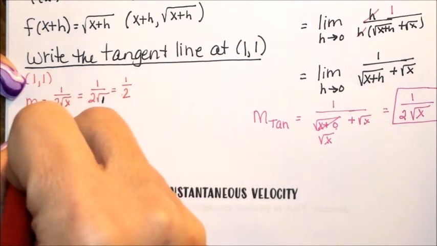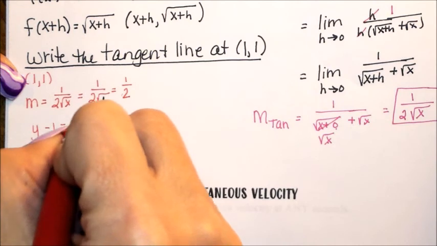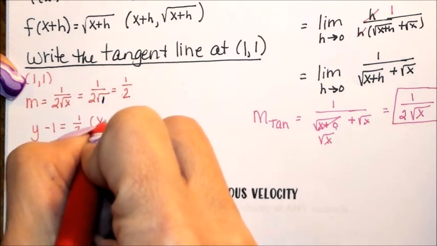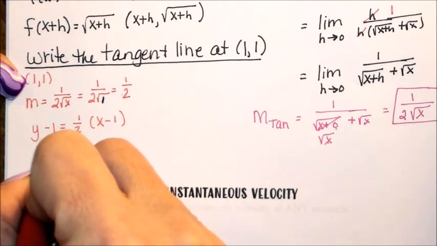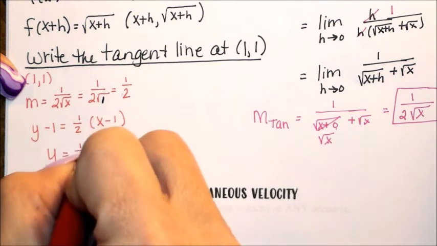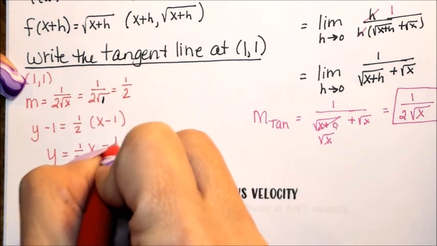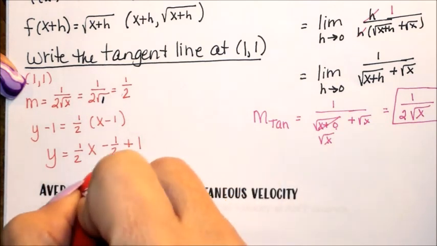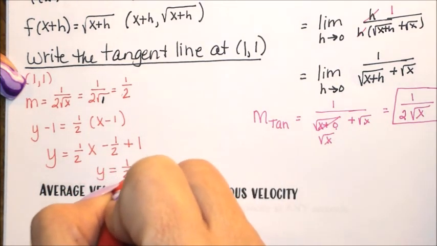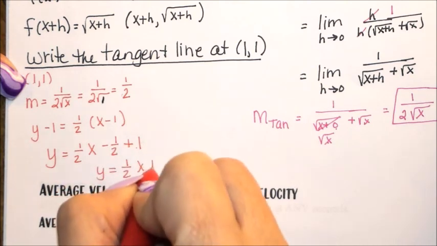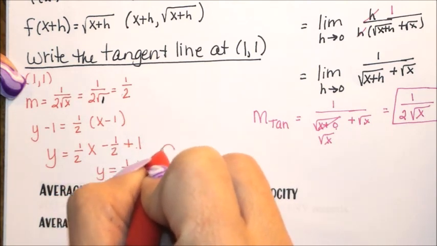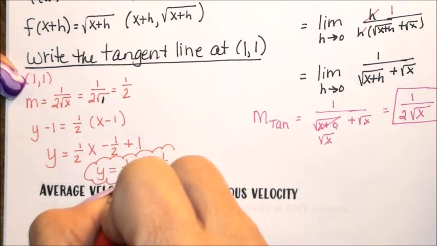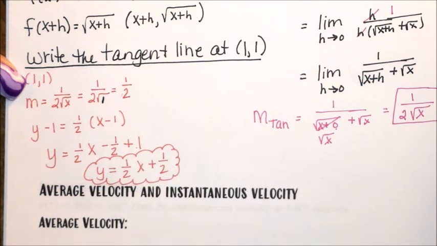All right, here we go. y minus 1 equals 1/2 times x minus 1. y equals 1/2 x, that'd be minus 1/2. I would add 1 to both sides, plus 1. So y equals 1/2 x. 1 minus 1/2 would be a positive 1/2. Mind blown. And there it is.